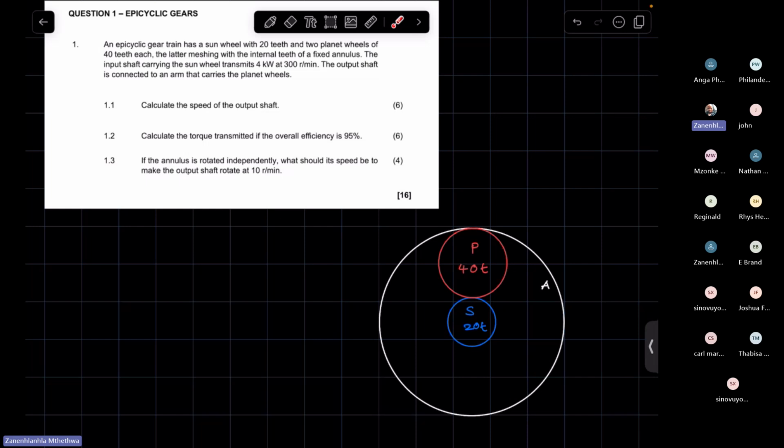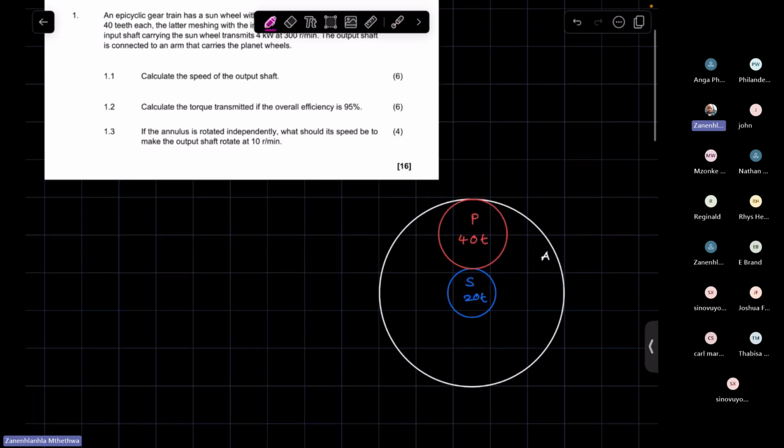So essentially, the PCD of the annulus is equal to the PCD of the pinion plus the PCD of the sun plus the PCD of the pinion again. Are we clear here?